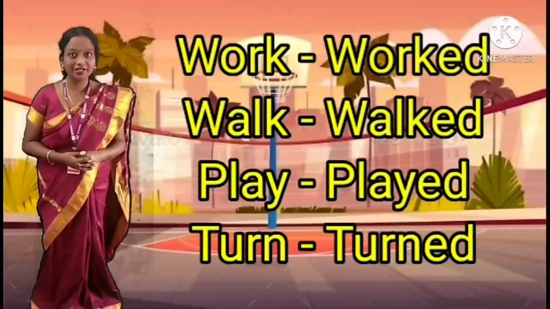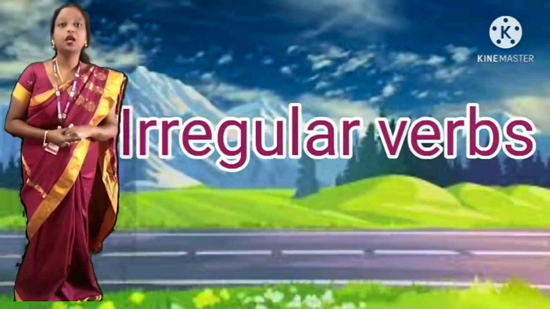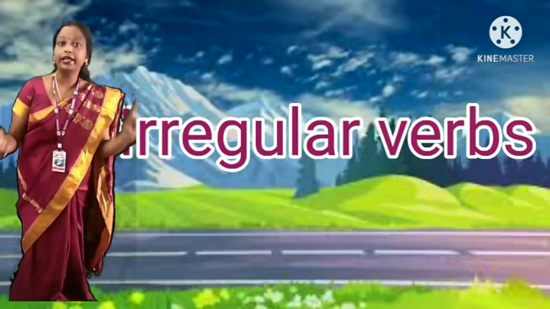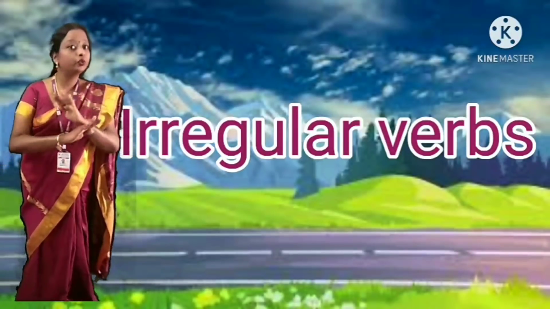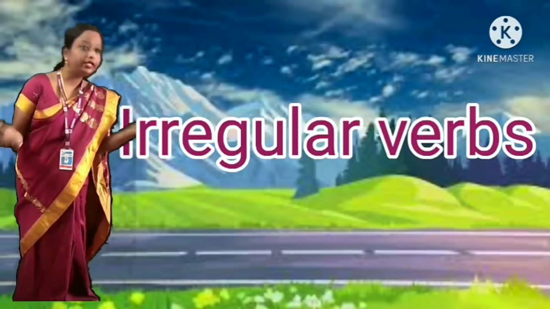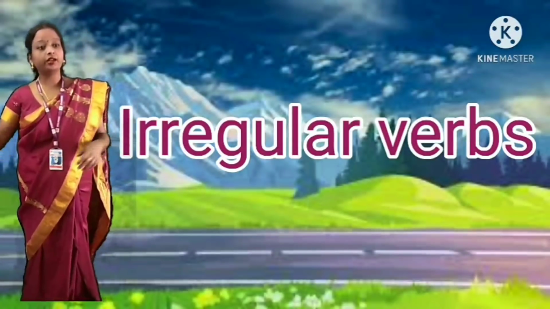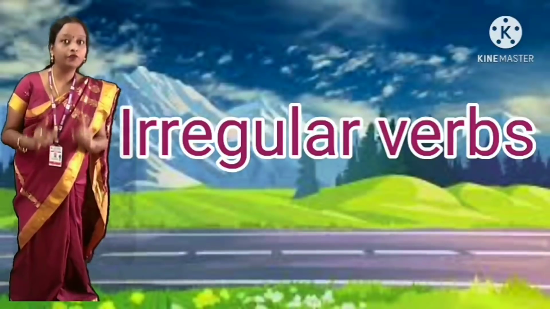Now we understood, children? Now I will explain irregular verbs. The verbs that do not end in ed or d to indicate an action in the past are called irregular verbs.